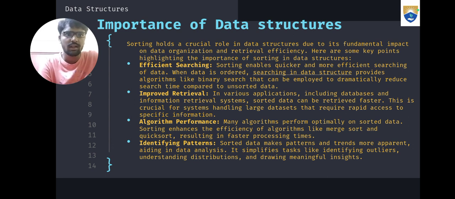Sorting enhances the efficiency of algorithms like merge sort and quick sort for faster processing time. Identifying patterns: sorted data makes patterns and trends more apparent, aiding in data analysis. It simplifies tasks like identifying outliers, understanding distributions, and drawing meaningful insights.